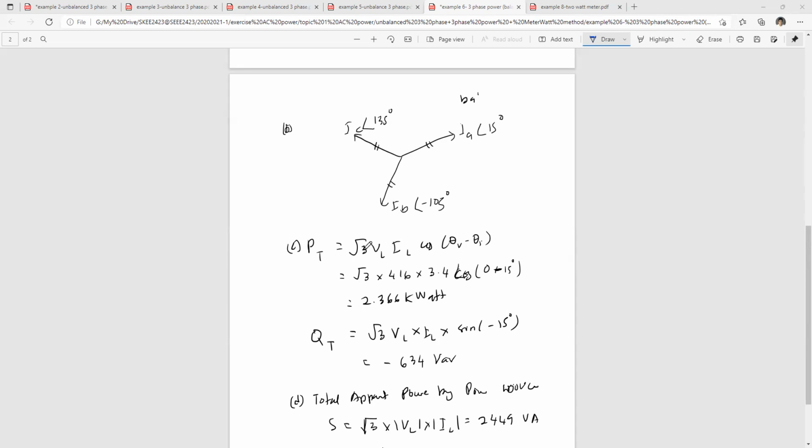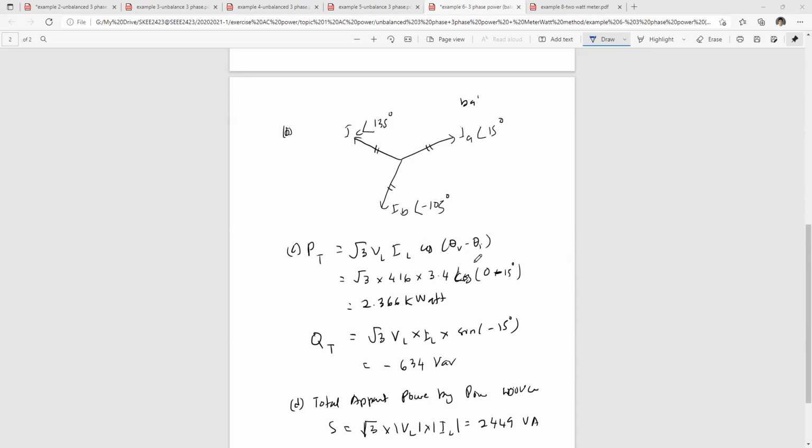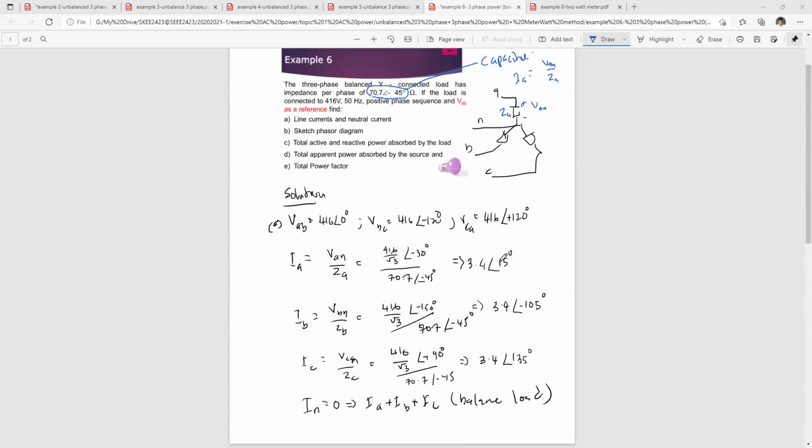You need to multiply by square root 3, multiplied by the cos of the angle difference between the voltage and the current. The voltage and current angle difference we can refer to from the impedance, which is 15 degrees. Sorry, not 15 degrees.